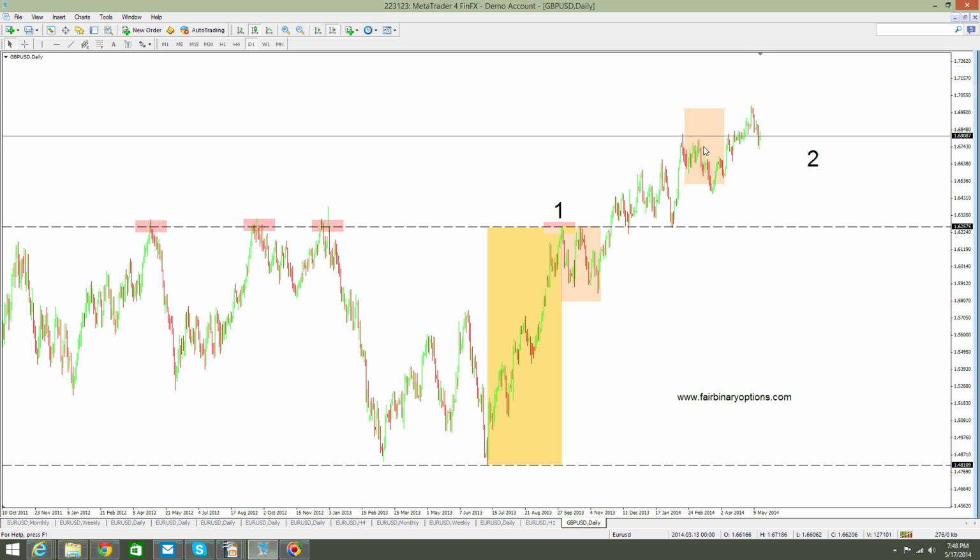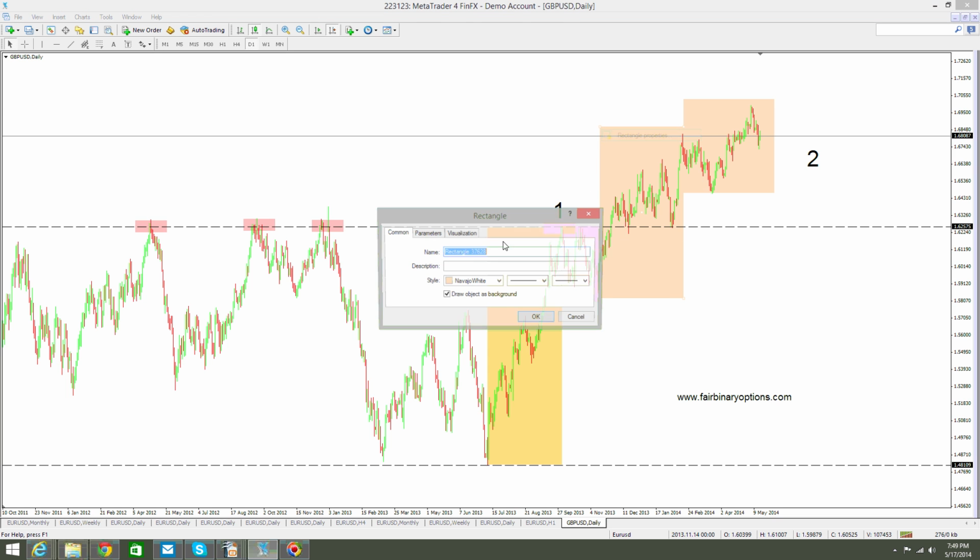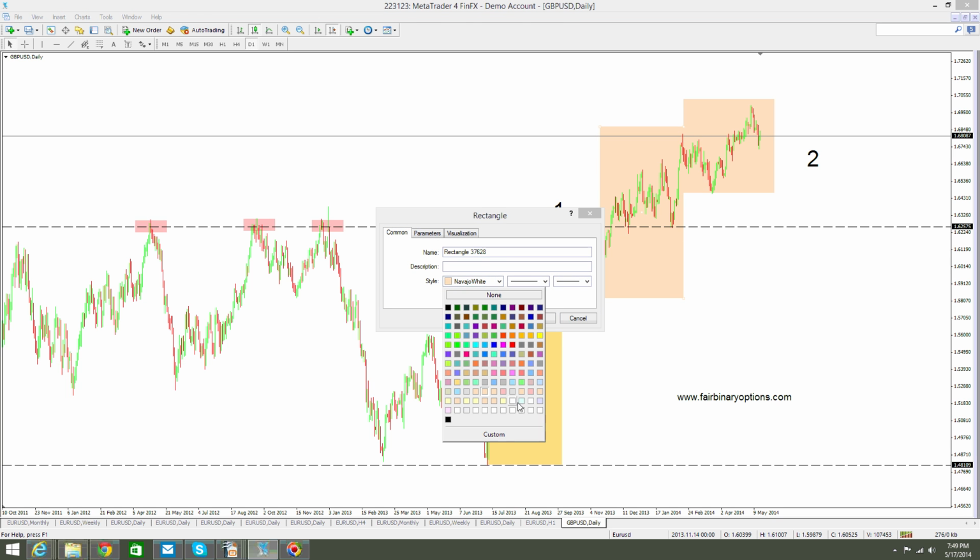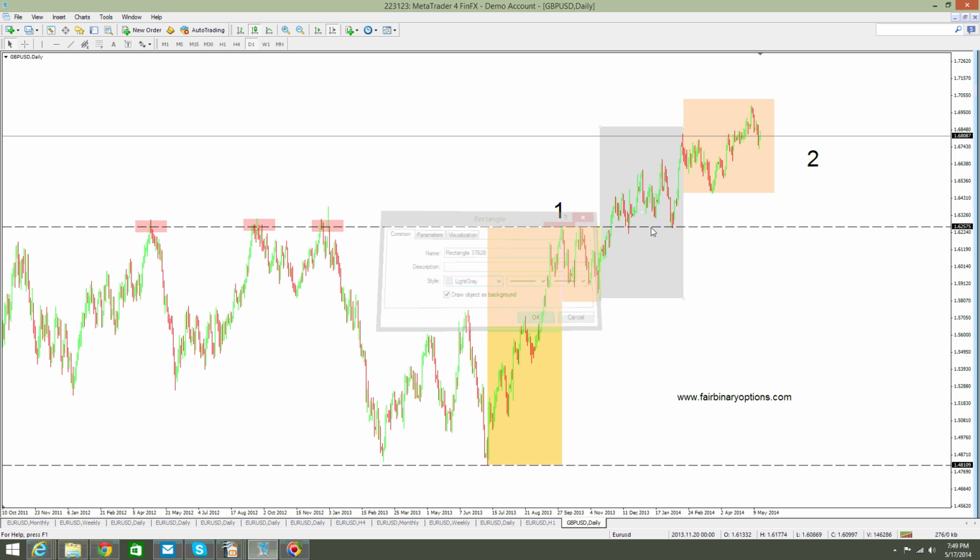So from this moment of time to start the second correction, and of course what's in between can only be a zigzag from my point of view. This one here, let me make it of a different color, like this, and this is three corrective waves. You may look at those moves as you want, but those are not impulsive moves.